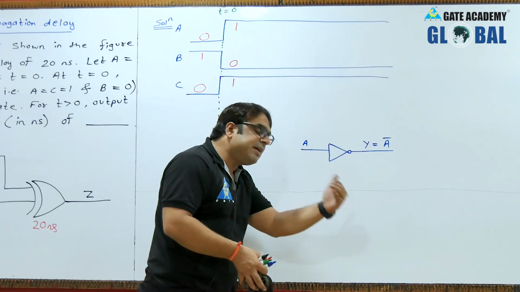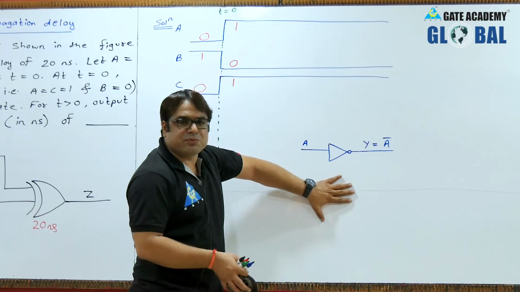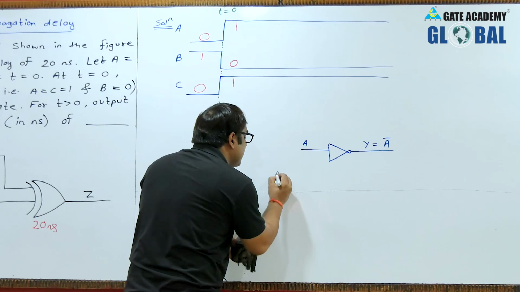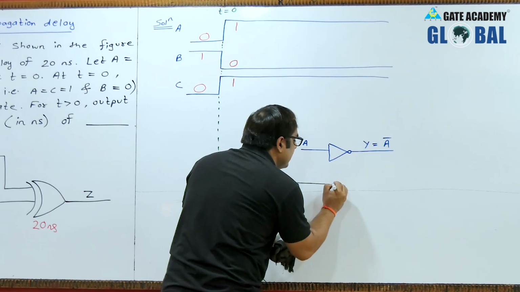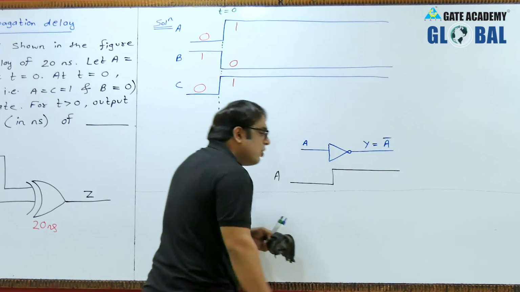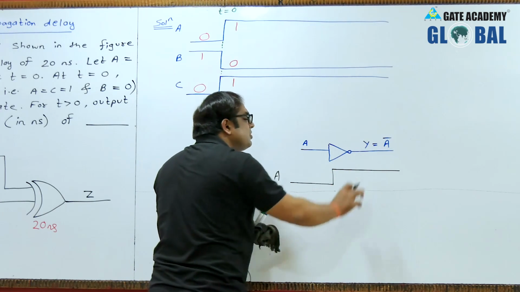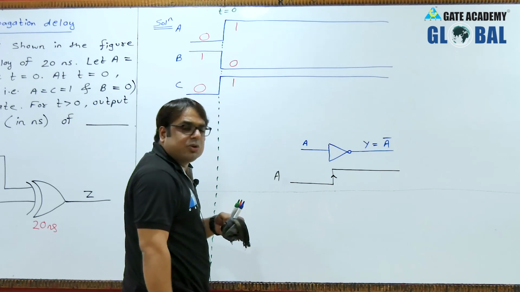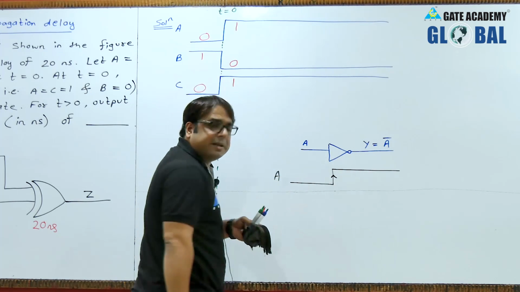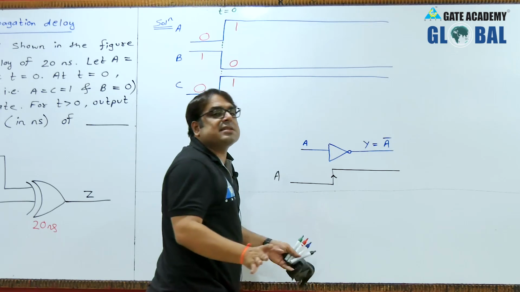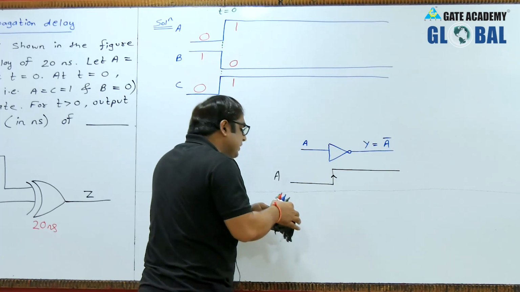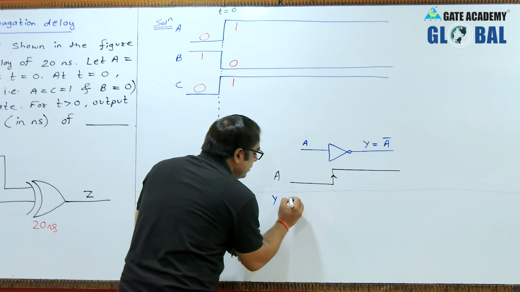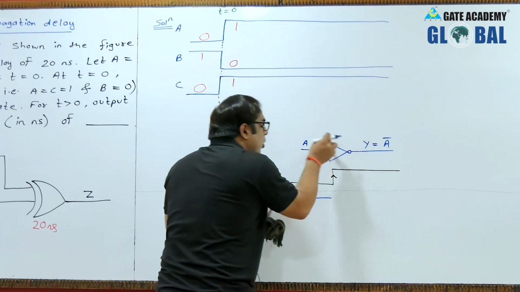I will try to simplify this with the help of a waveform. Consider a situation input was changed from logic 0 to logic 1. Let's say input was changed from logic 0, or you can say logic low, to logic high. If nothing is given to me, by default what we always take is that output is the complement of the input.